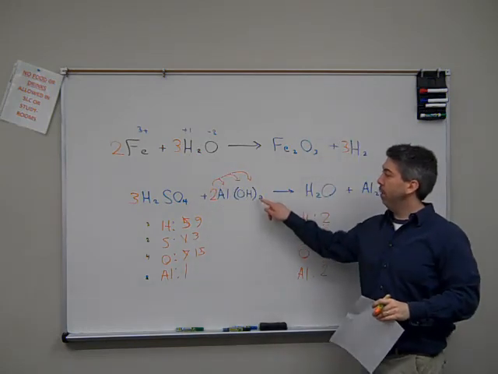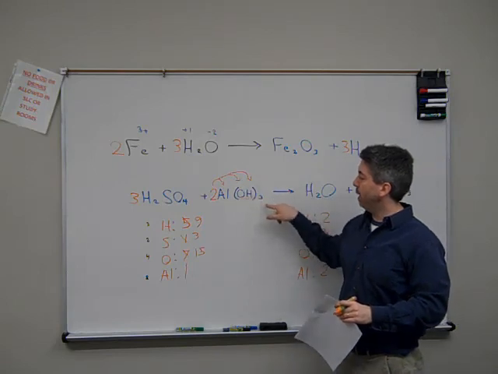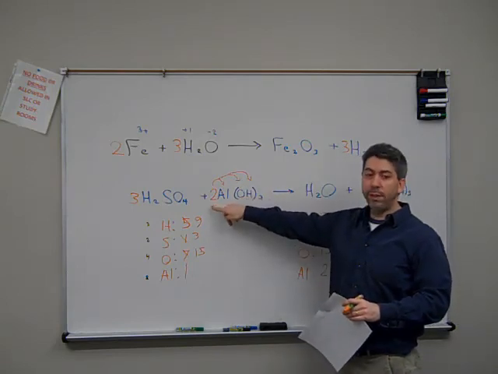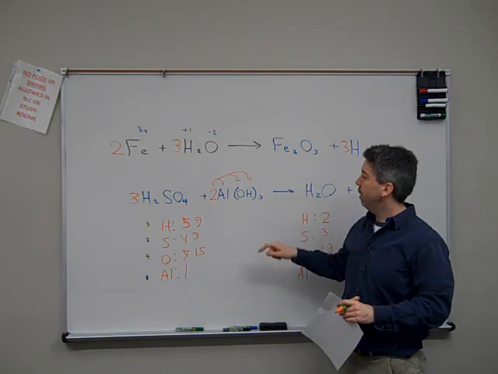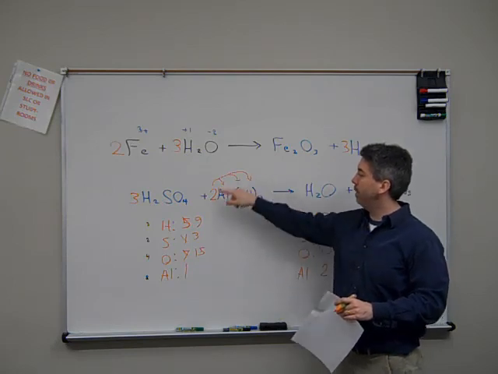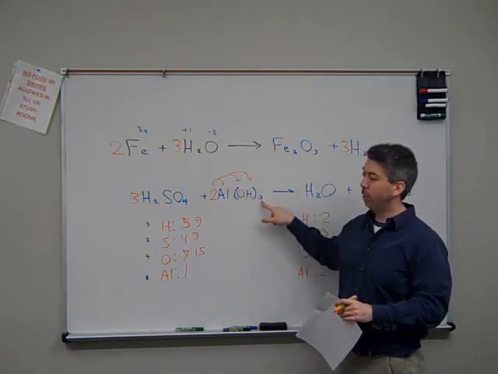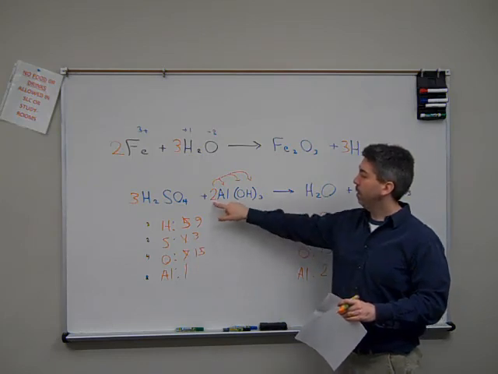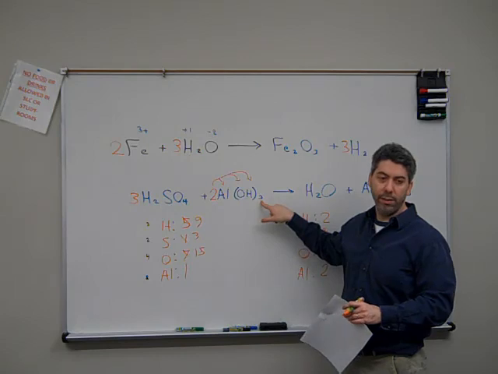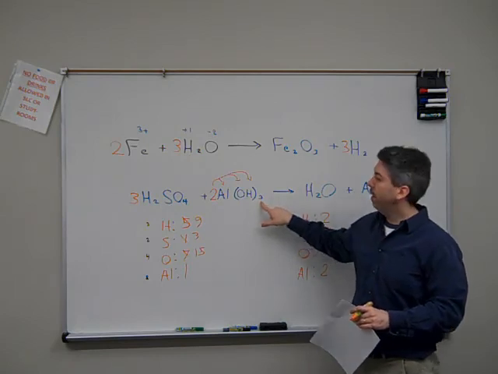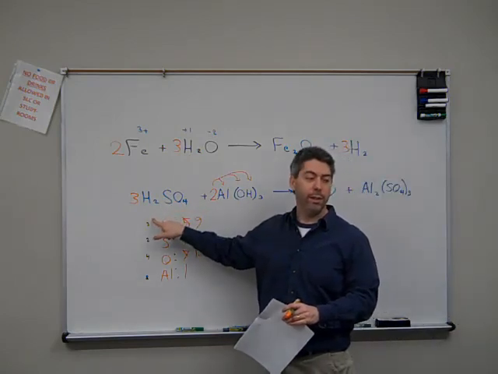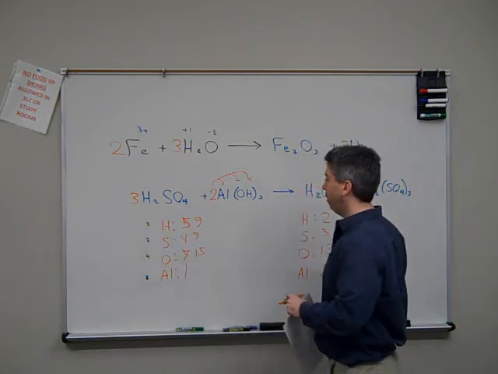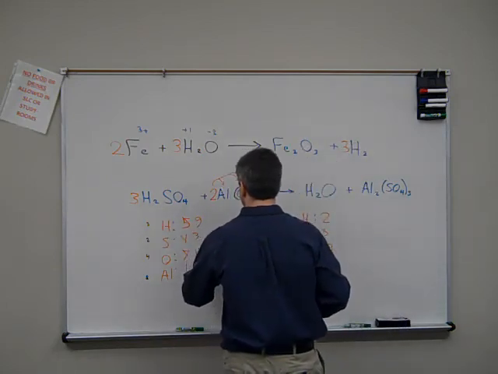The subscripts outside of parentheses multiply the inside, but the coefficients also multiply. So that means I have how many oxygens in this little group? 2 times 1 times 3, 6, right? And then I have 12 oxygens here. So 6 plus 12 is 18.